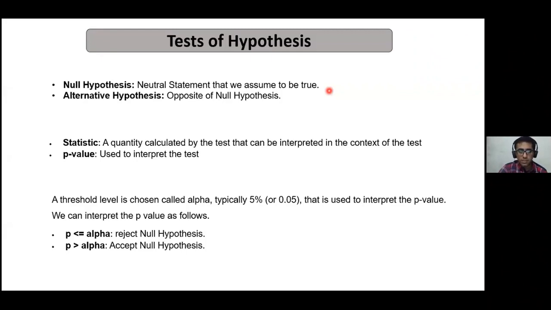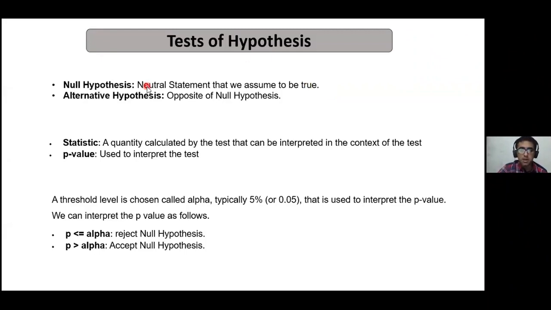For example, in my Python hands-on, you can assume that the data you are dealing with is normal or not correlated, something like that. Any statement without adding any bias from your side. And the alternative hypothesis will be a statement just opposite to that.